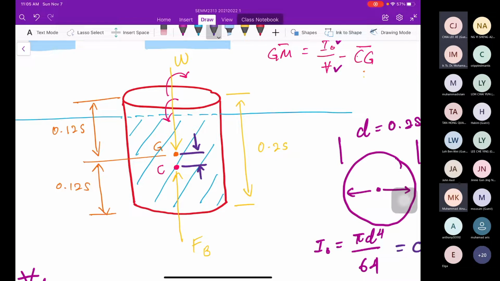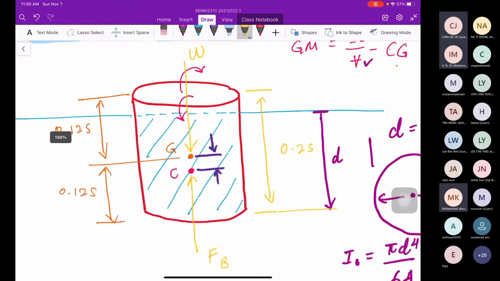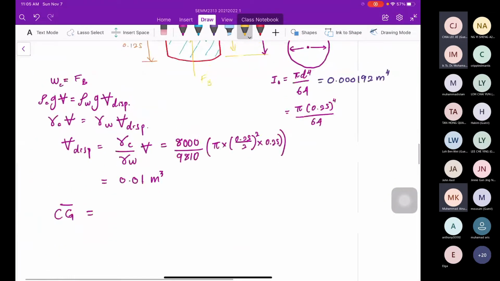So we miss one thing. We need to find the depth, right? From here to here. After we know the depth, then we can solve for CG. We must know the depth because we are referring to the displaced volume. So how to calculate the depth, the D?